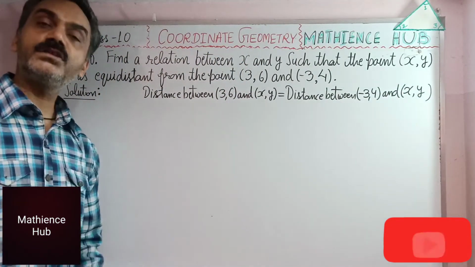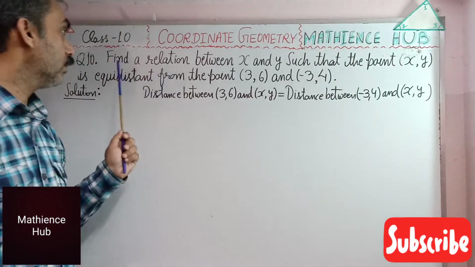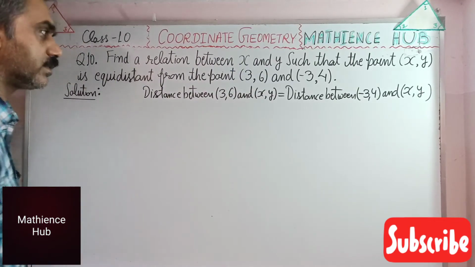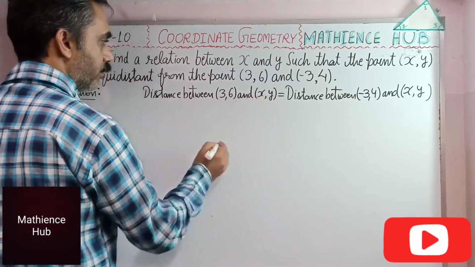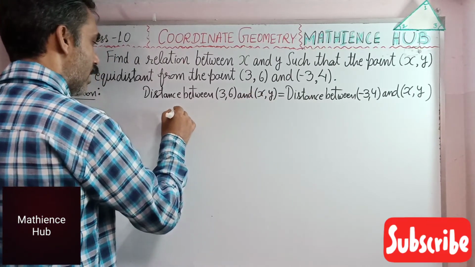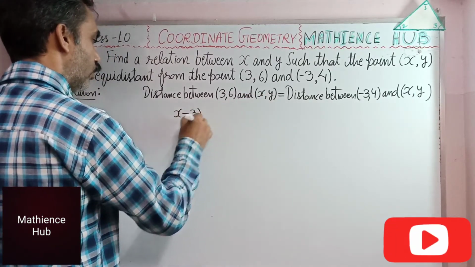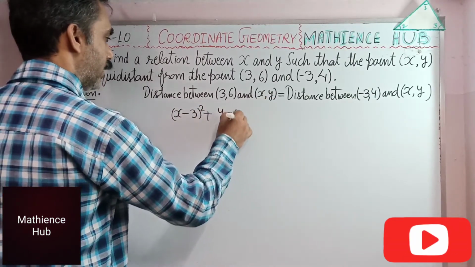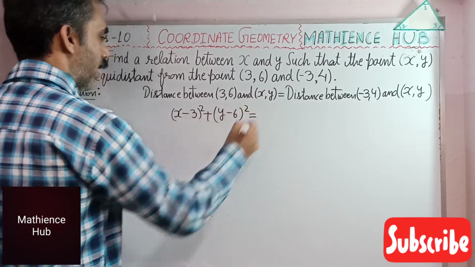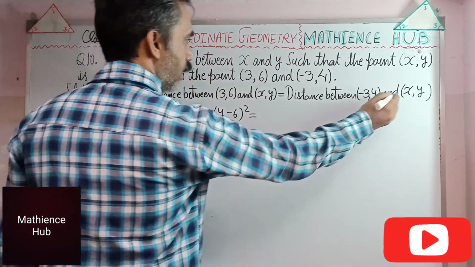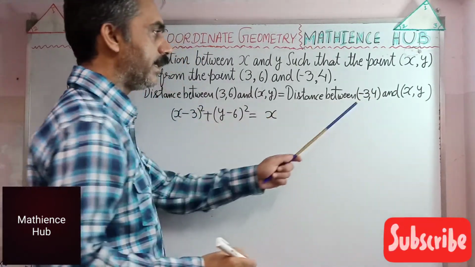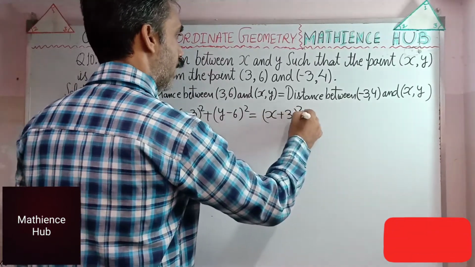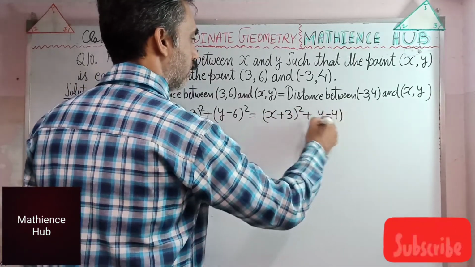Now we use the distance formula, since the point (x, y) is equidistant. With x1, y1, x2, y2: x2 is x minus 3 whole square plus y2 is y minus 6 whole square. For the other, x2 is x and x1 is minus 3, so minus minus is plus 3, and y2 is y minus 4.